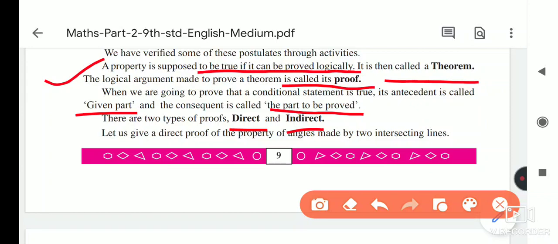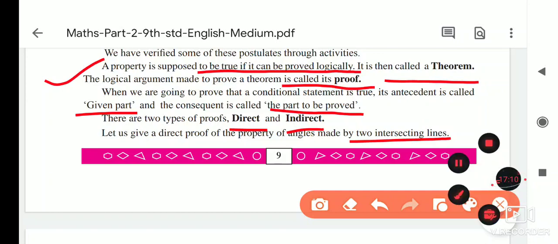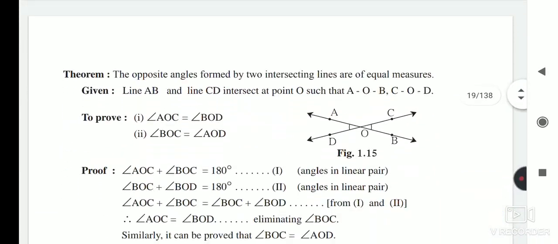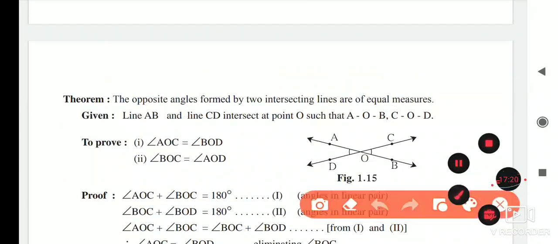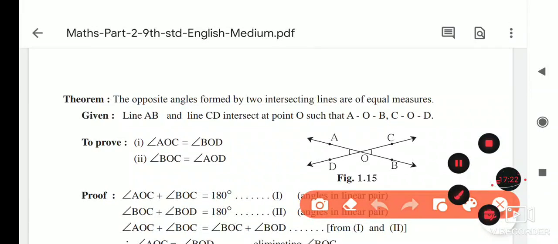Let us look at a direct proof: the property of angles made by intersecting lines. The opposite angles formed by two intersecting lines are equal in measure.